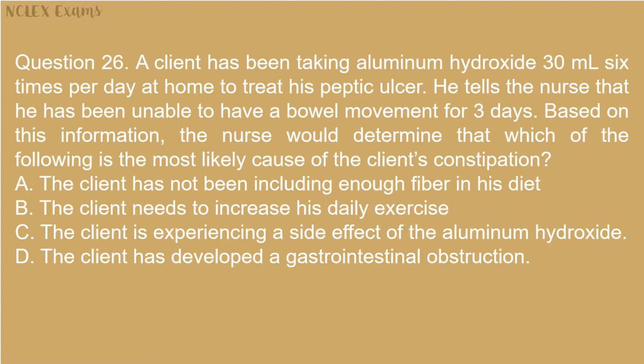A. The client has not been including enough fiber in his diet. B. The client needs to increase his daily exercise. C. The client is experiencing a side effect of the aluminium hydroxide. D. The client has developed a gastrointestinal obstruction.